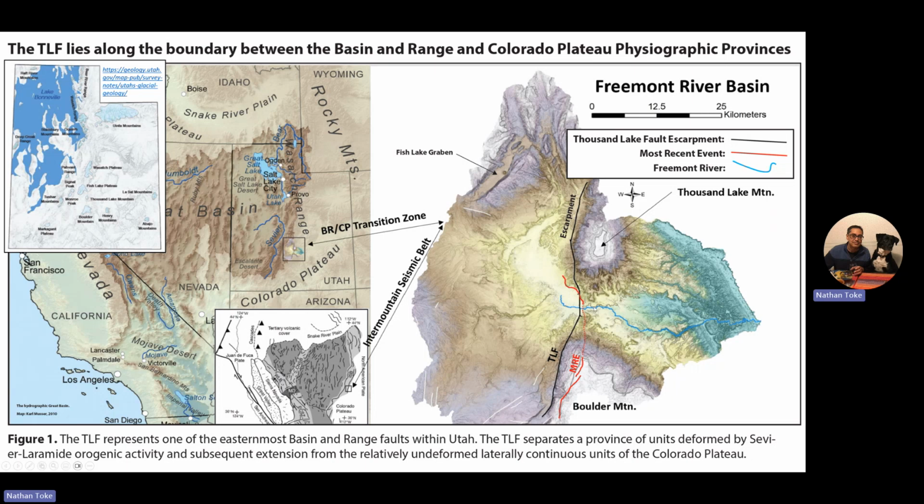We can tell something about the activity of this Thousand Lake Fault in that the incision of the Fremont River is able to keep up with uplift along the fault, because the fault, you can see it's uplifting the Colorado Plateau or the east side of the topography and down dropping the valley over here to the west. And so the fault is not moving up as fast as the river is cutting down.